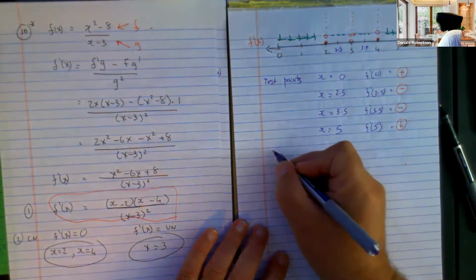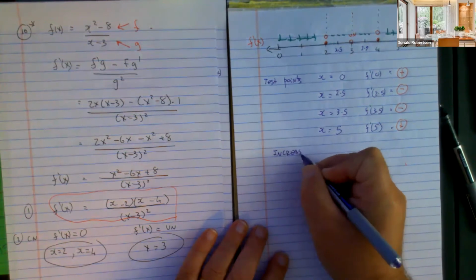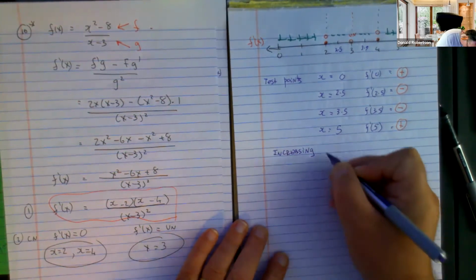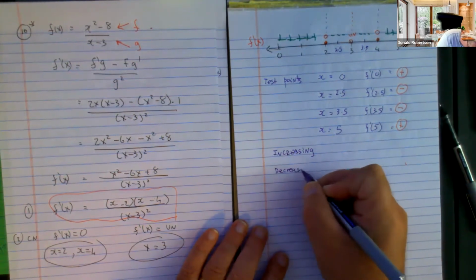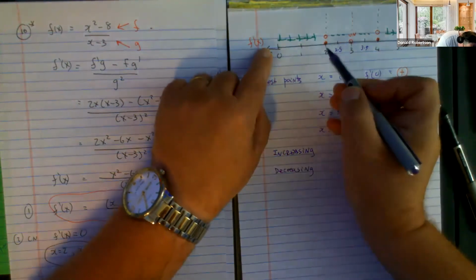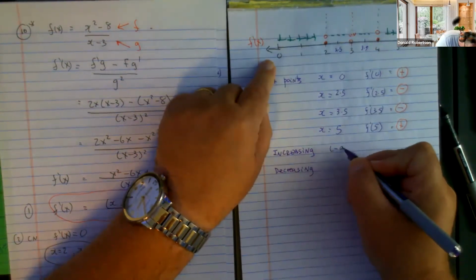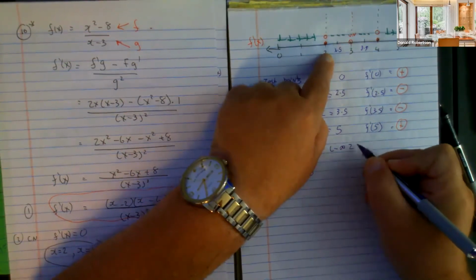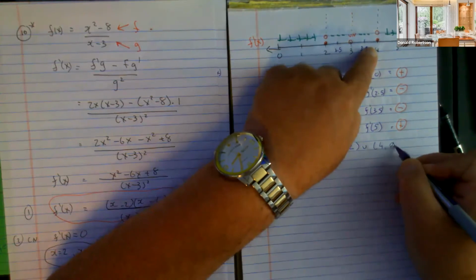So I can now go and tell you the intervals of x where it's increasing, and the intervals where it's decreasing. Anything that away, so that would be from negative infinity up to x equals 2, and from 4 to infinity.